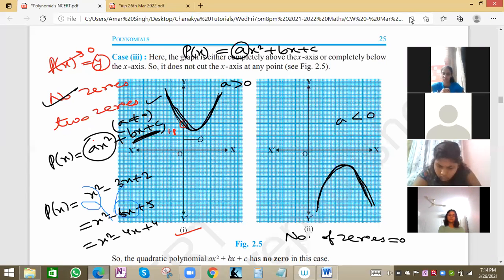So the degree will be 2, and for degree 2 there are three constants, a, b, c. ax square plus bx plus c is the standard equation representing a quadratic polynomial. So it has three constants, a, b and c.